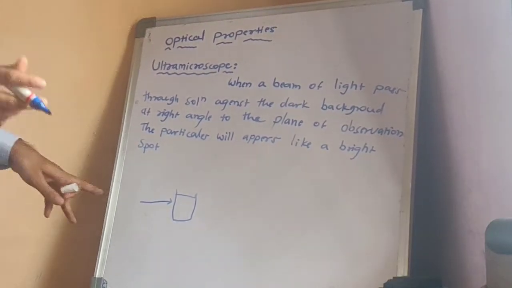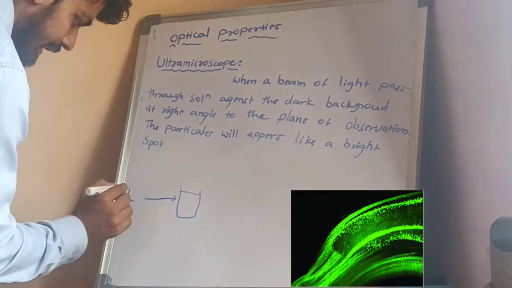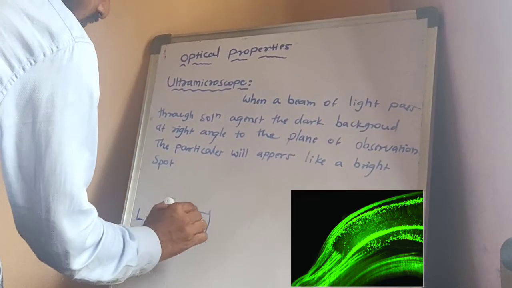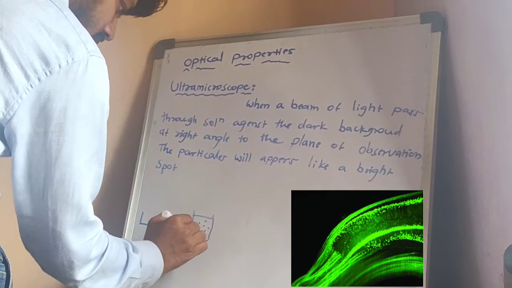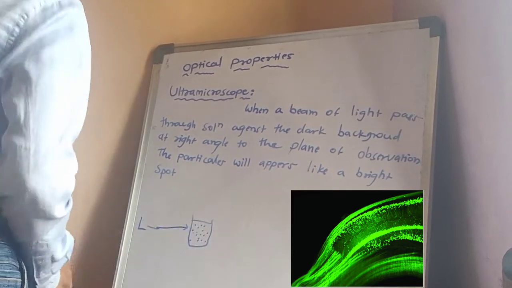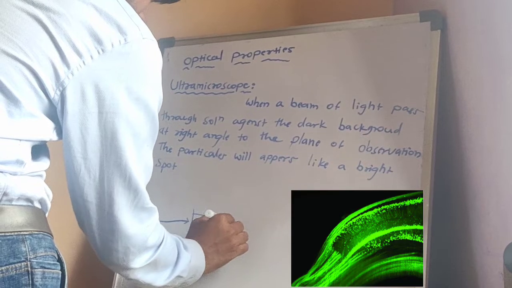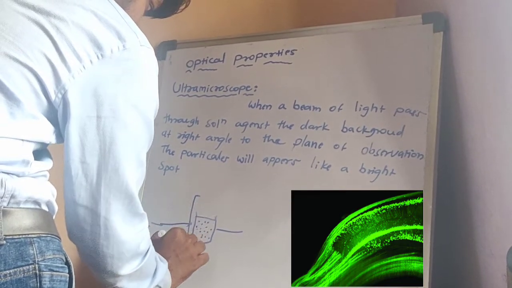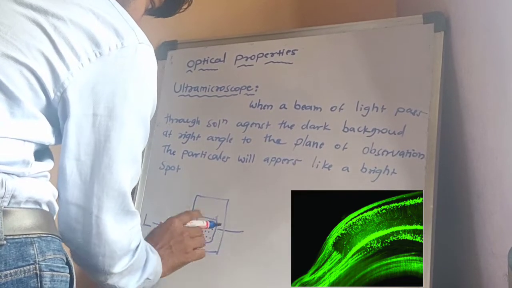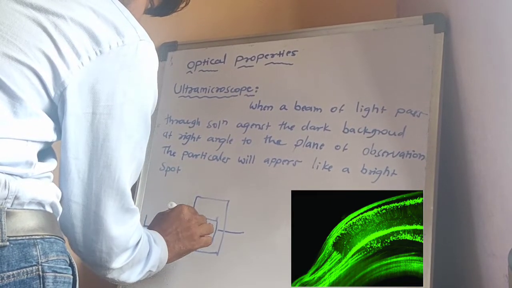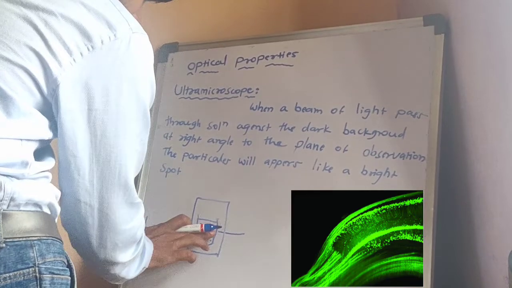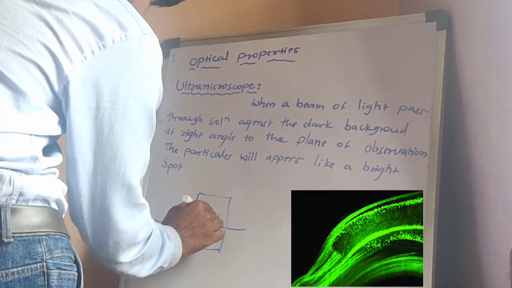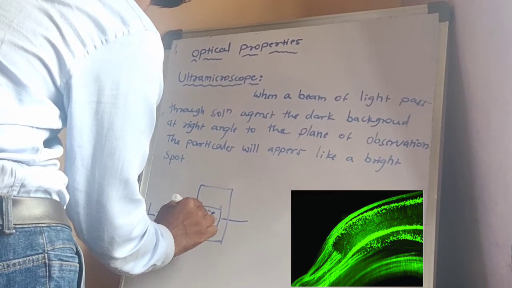For example, consider L as a light source, and this is a beam of light passed through a colloidal dispersion having dispersed particles. Consider there is a dark background. If we observe against that dark background, we will find bright spots in that solution.